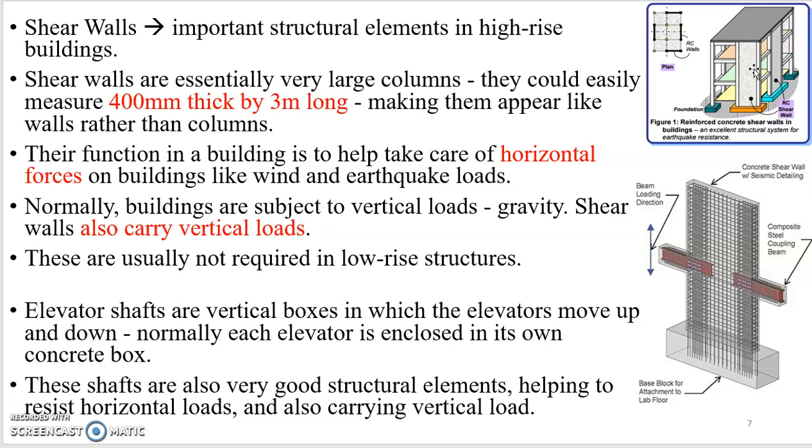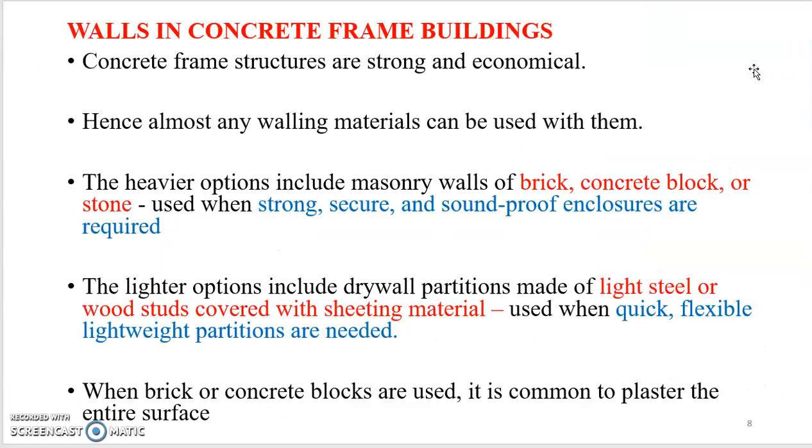So you will be very clear in the following chapters about what we mean by shear walls. Just understand that it is mainly a large column, and it is used to take care of the horizontal as well as vertical loads.